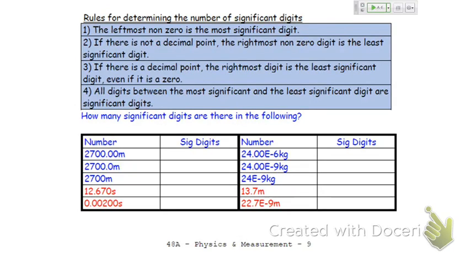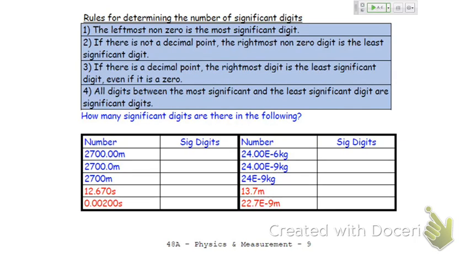So most, least, 2 significant digits. Only 2. Those 2 zeros are called placeholders. If there's a decimal point, most, there is a decimal point, least, 5 significant digits. So that's 6, 5, and only 2, because there's no decimal point there.